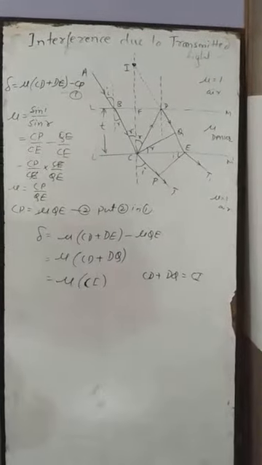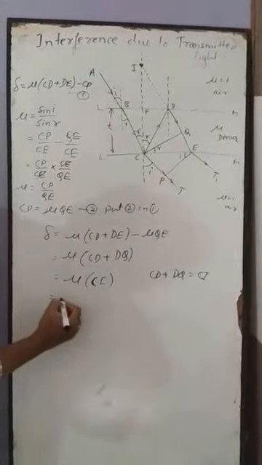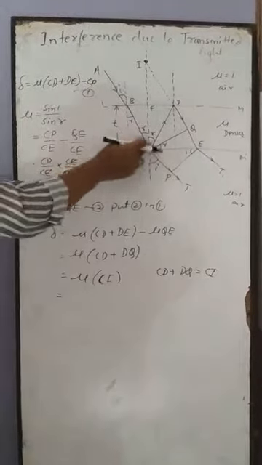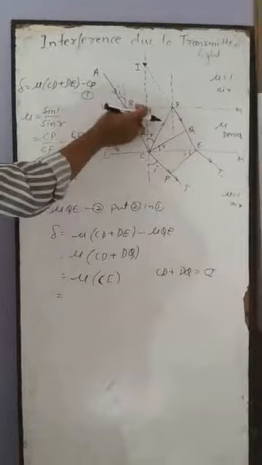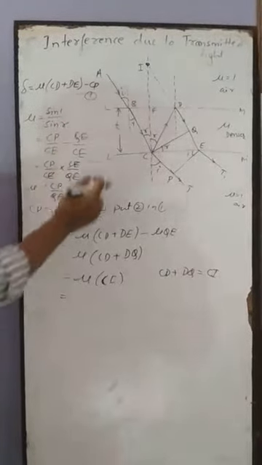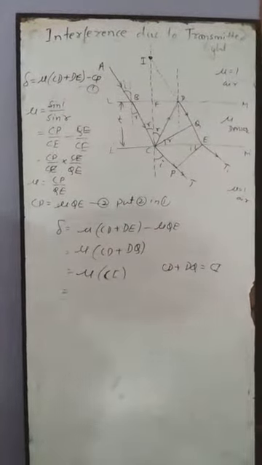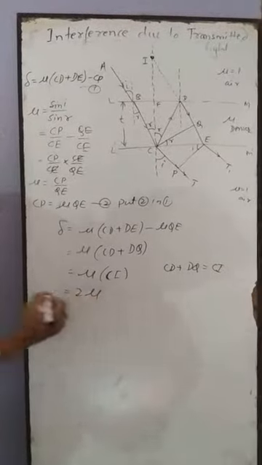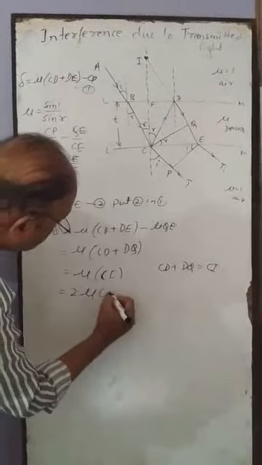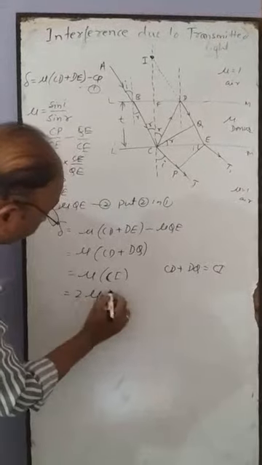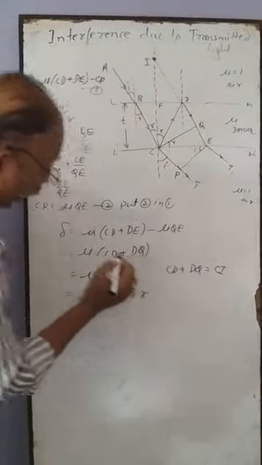What is CI? From C to F is t, and then F to I is also t. Therefore CI is 2t cos r, and the path difference is 2 mu t cos r.